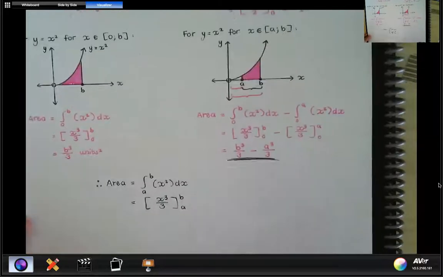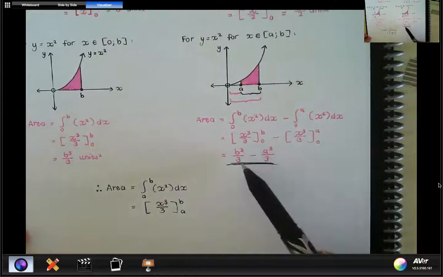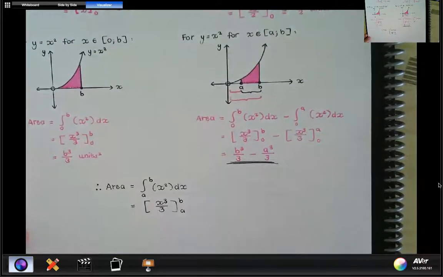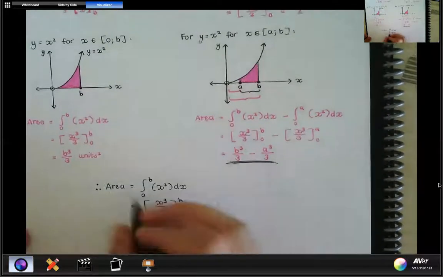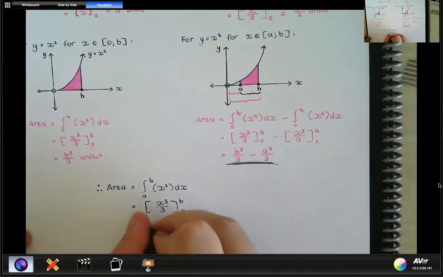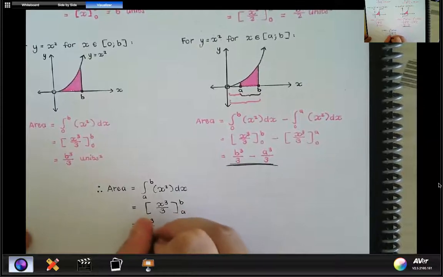And now in order to use this to get to b cubed over 3 minus a cubed over 3, we are going to substitute the final x value, which is b, into our function. So we're going to say b cubed over 3.